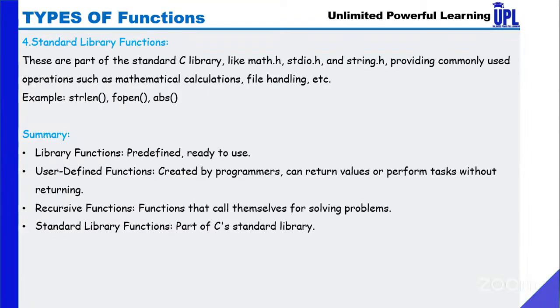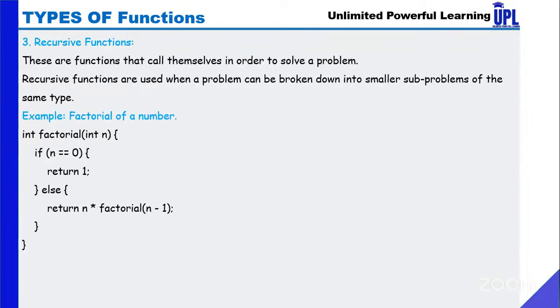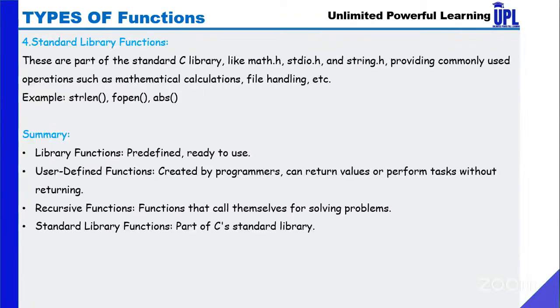There are also standard library functions, like string length, fopen, which we can use. Simple predefined functions are there. If you need an additional library, you can include it and start using it. That is called standard library functions.